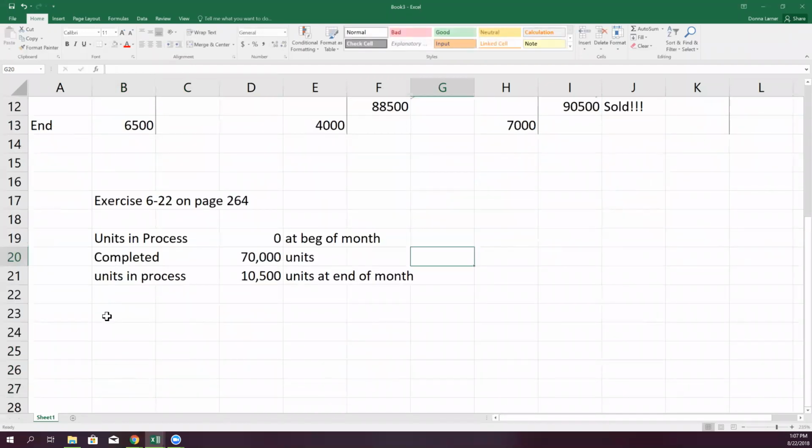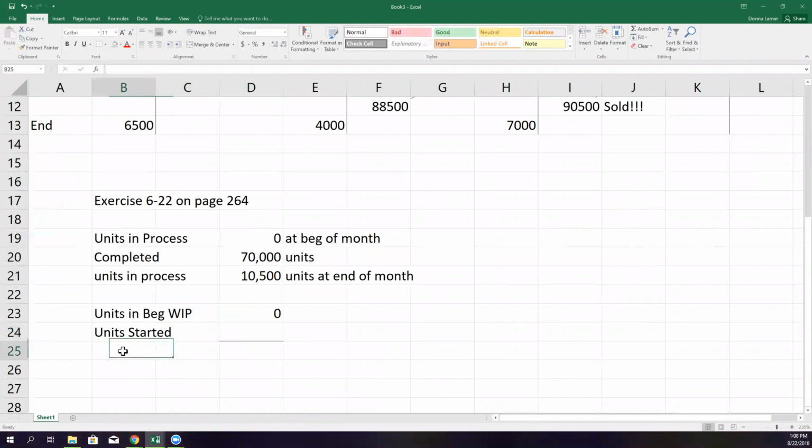The way we're going to organize this information in our production reports is we're going to say units in beginning work in process, which is 0. And then we're going to talk about the units started this month. We're going to say you had this many that you're working on, and you started some more.